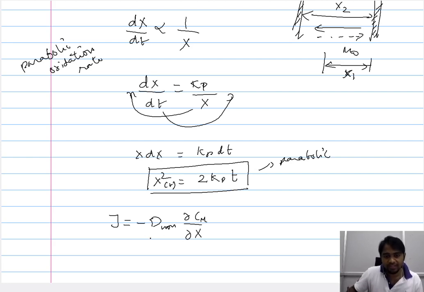So since the parabolic oxidation rate is governed by the diffusion of the ions within the metal oxide region, we are now quantifying the amount of metal ion, the amount of ion that is propagating through the metal oxide.